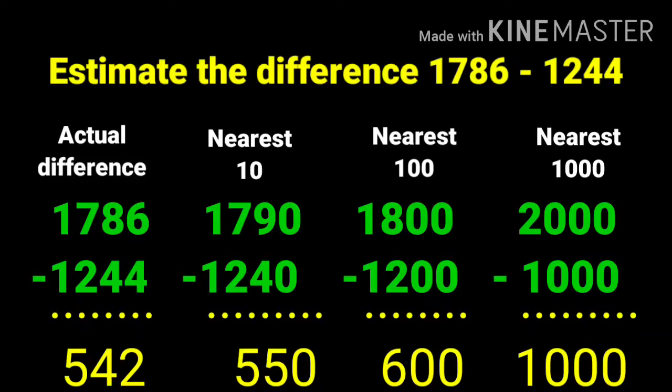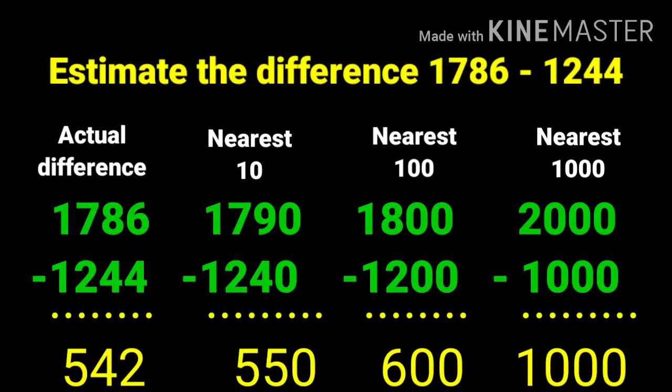Now 1244 lies between 1000 and 2000, and 1244 is nearer to 1000, so it will round to 1000. We have to subtract 2000 minus 1000, and the answer is 1000.